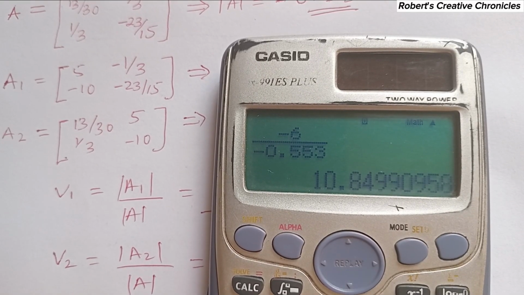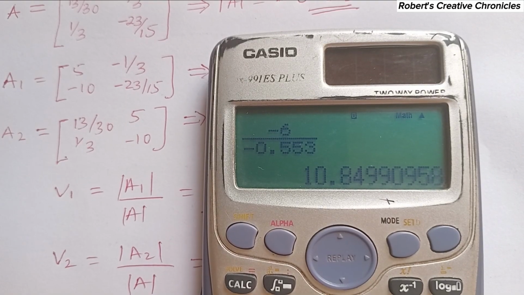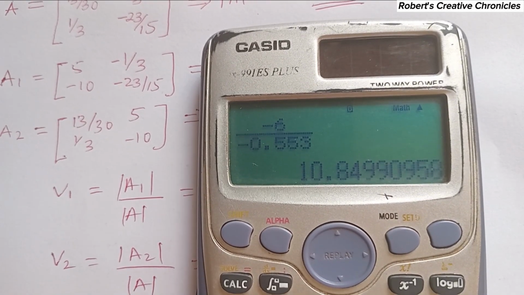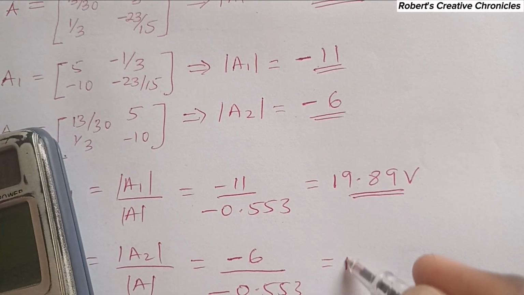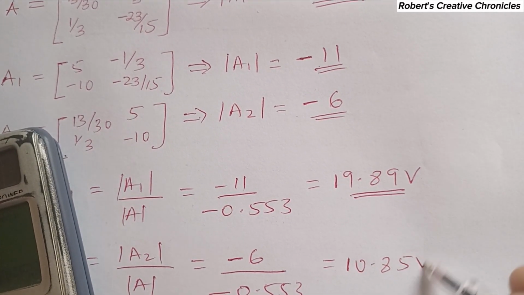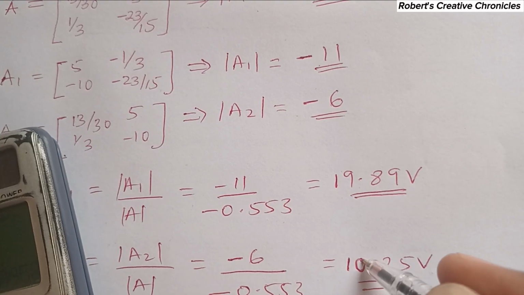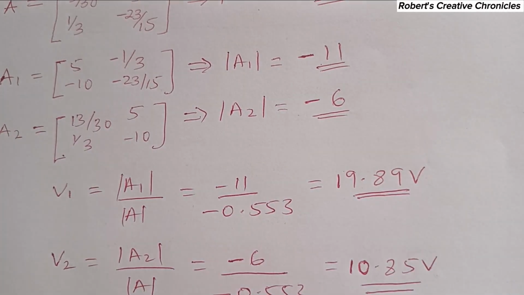So it's 10.84, approximately 10.85. So it's 10.85 volts. So these are the two voltages.